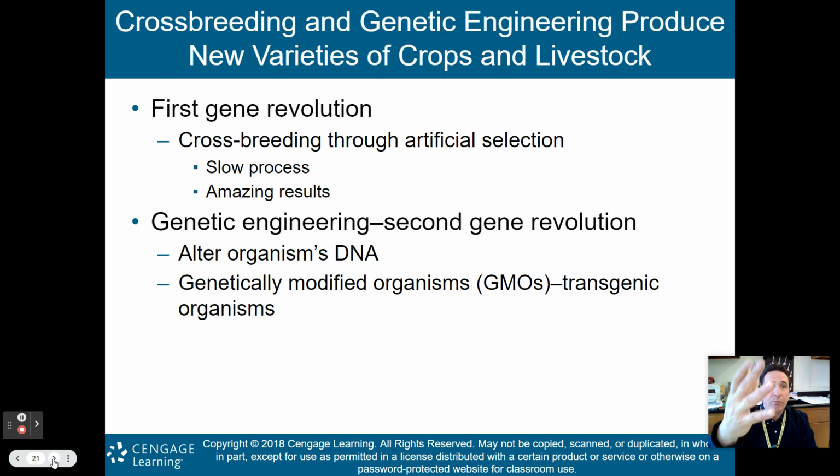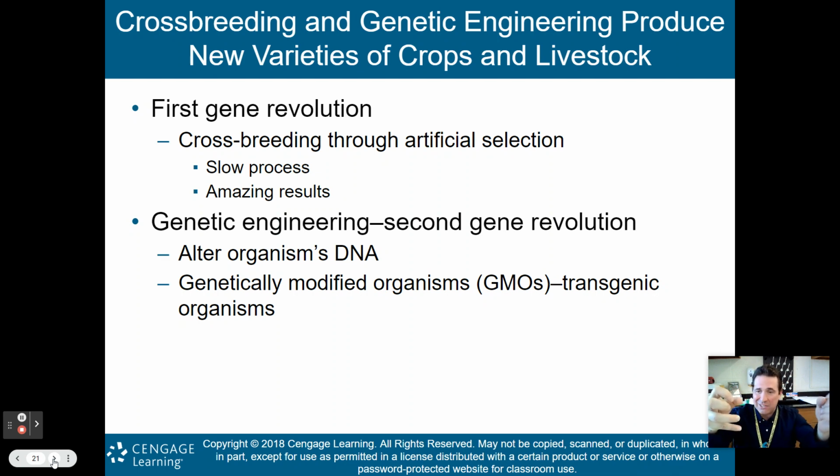So, crossbreeding and genetic engineering produce new varieties of crops and livestock. Our first gene revolution involved crossbreeding through artificial selection, right? A slow process, but amazing results. People figured this one out thousands of years ago. If I have a plant that has small tomatoes and another plant that has large tomatoes, and I want medium tomatoes, what do I do?